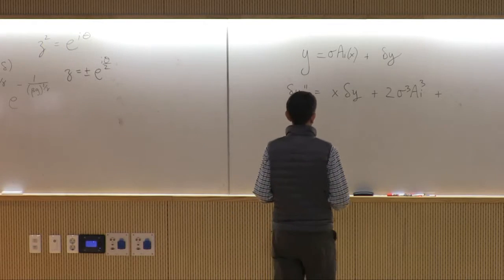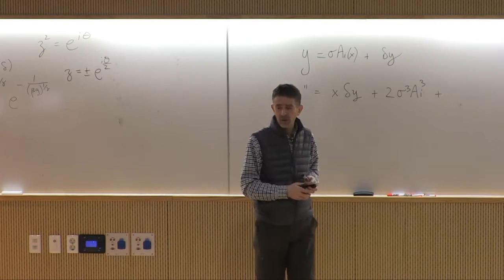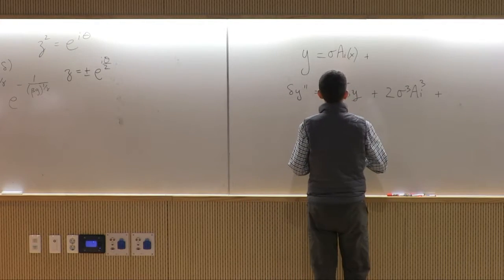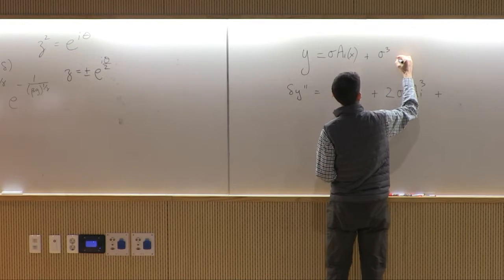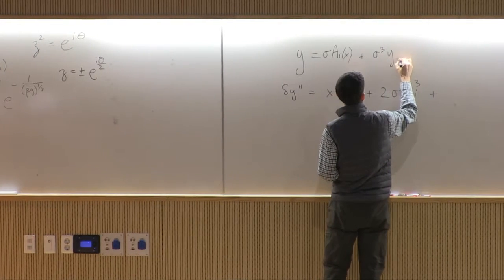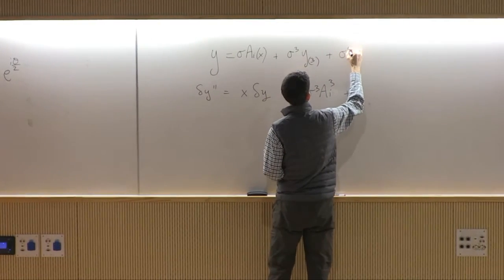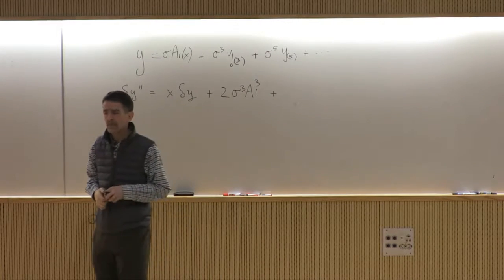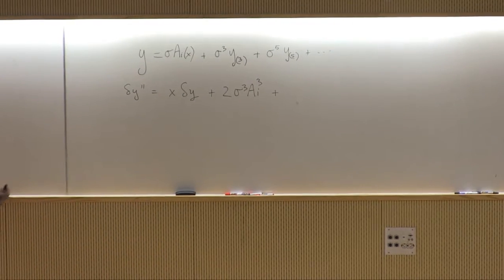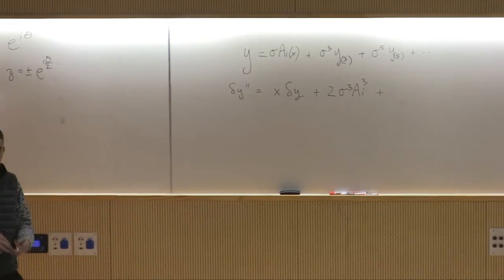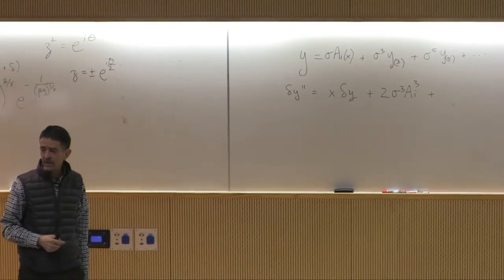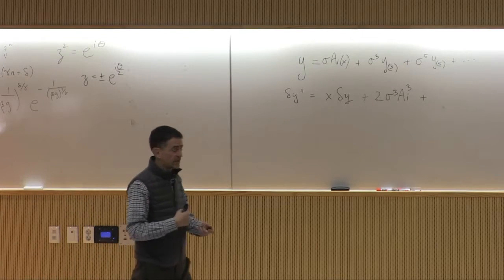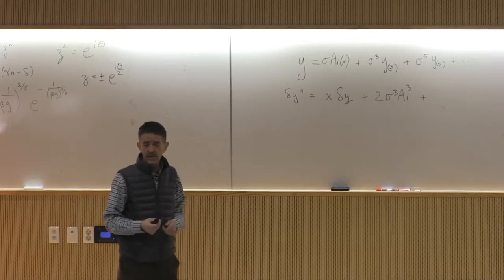So that means, if you think about the next term, that I should write this as sigma cubed times, let's call it y3, plus sigma to the 5th y5 plus dot dot dot. Okay? You can plug that into the equation, expand, compare powers of sigma. Remember, sigma is just a number here, which we haven't determined yet. And you'll see that this is a consistent scaling.